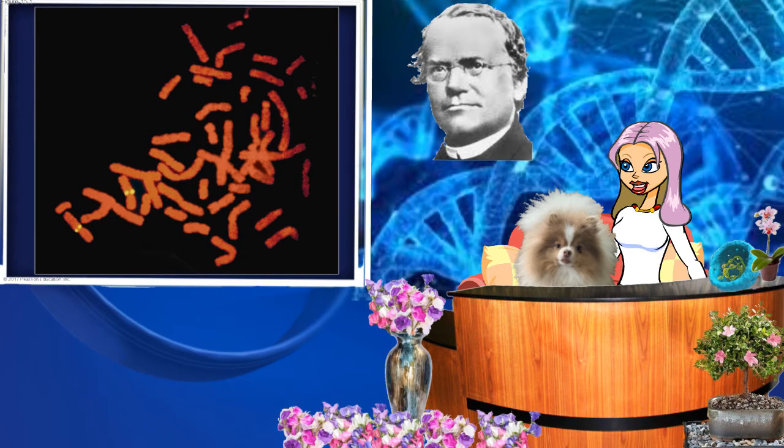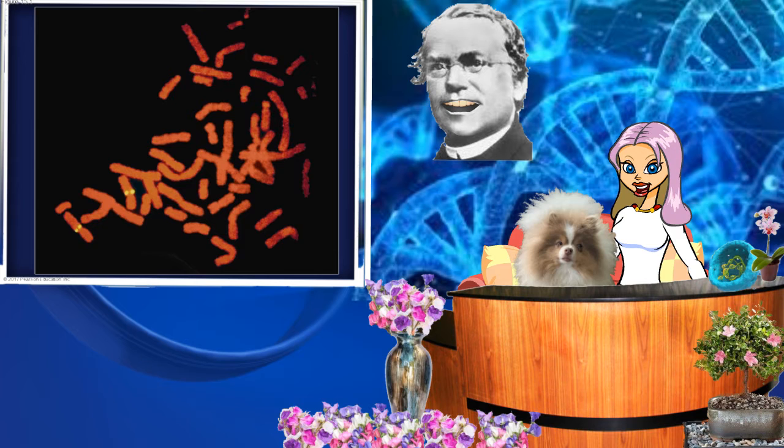You're going to love this, Gregor. This is a picture of actual chromosomes. Oh my God, beautiful. Yes, the genes, what you called Mendel's factors, are segments of DNA located on the chromosomes.